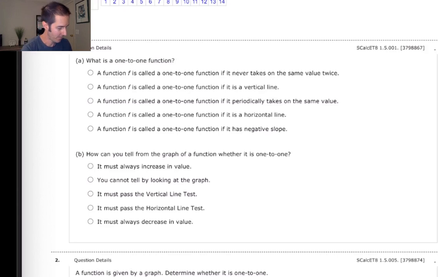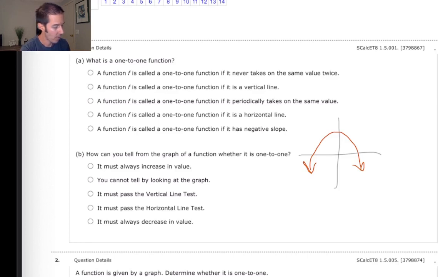So maybe a quick example would be, let's just draw some really rough sketches. If I have a parabola, maybe an upside down parabola, would this be the graph of a function? Definitely, because it passes the vertical line test. Is this an example of a one-to-one function?